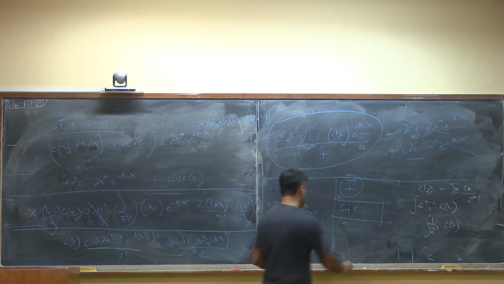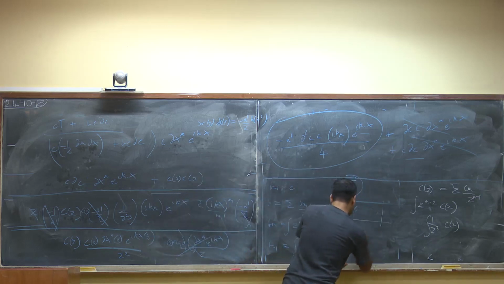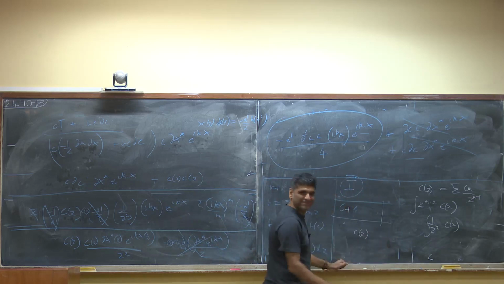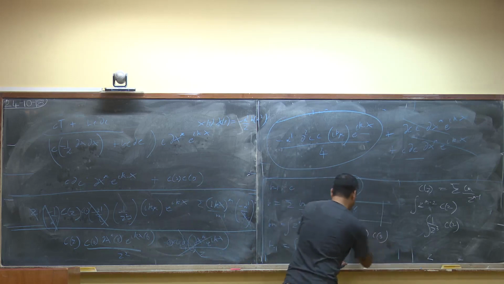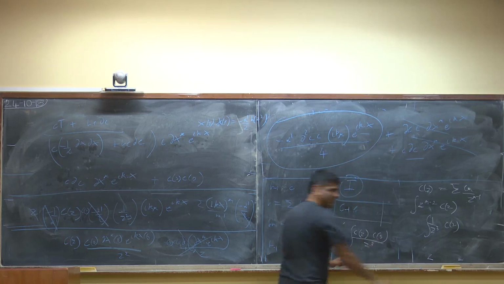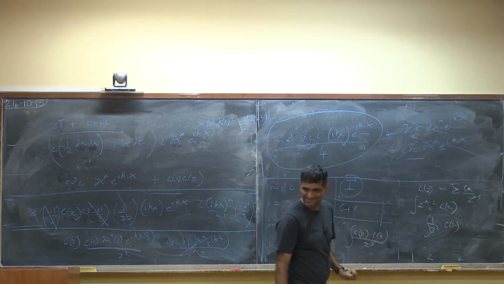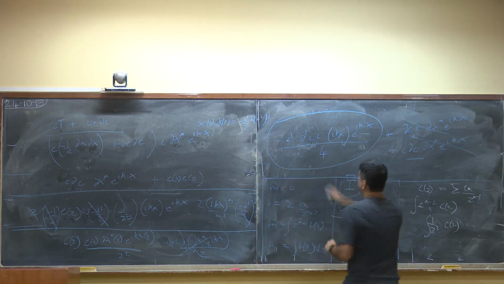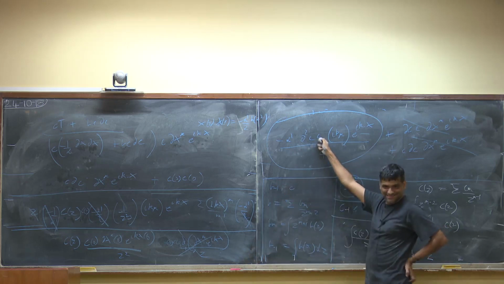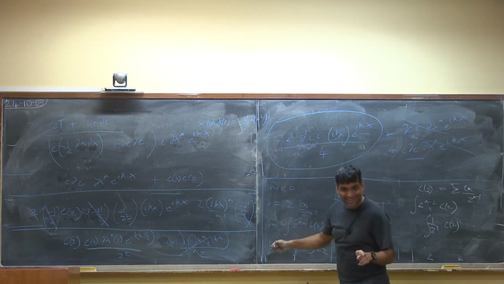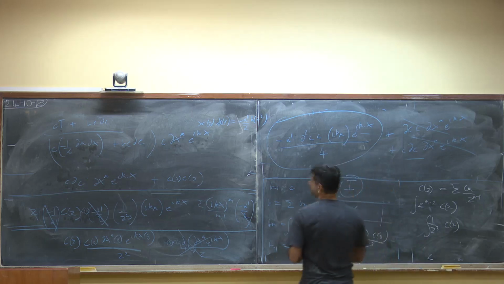So what we want is the OPE between C of Z and C of 0 by Z cubed, which gives del squared C. So this quantity here was C minus 1 on the vacuum.